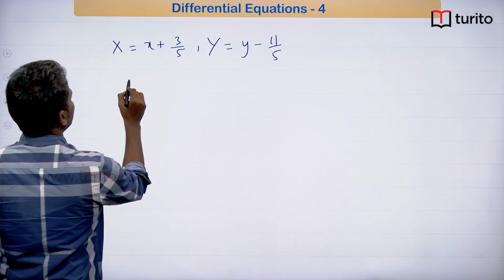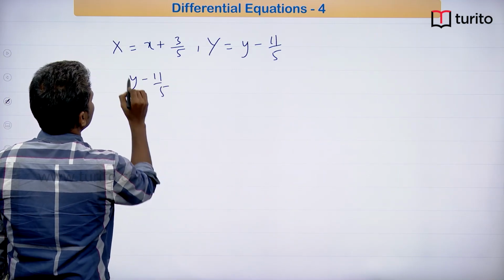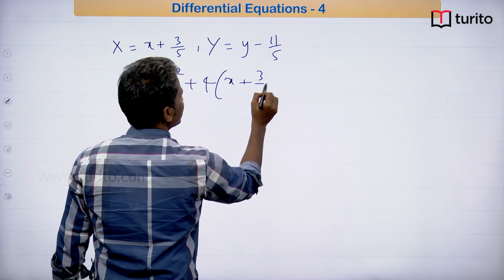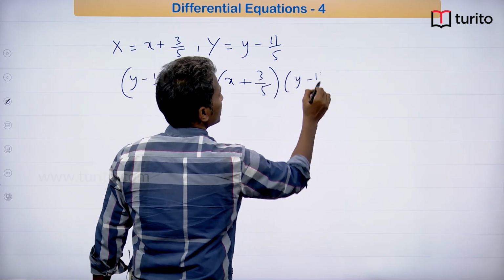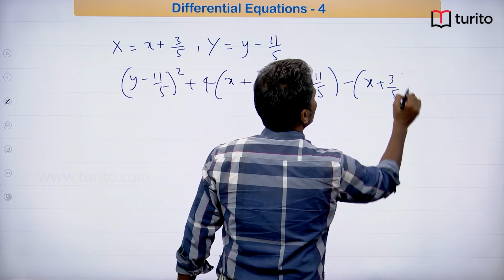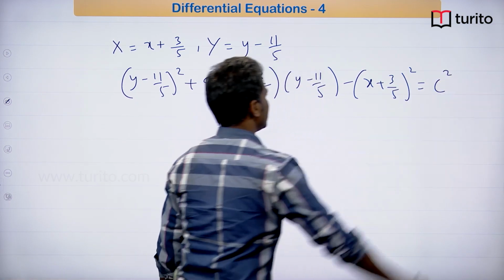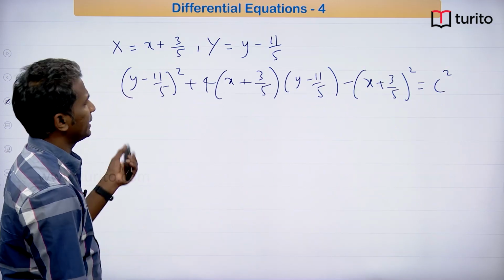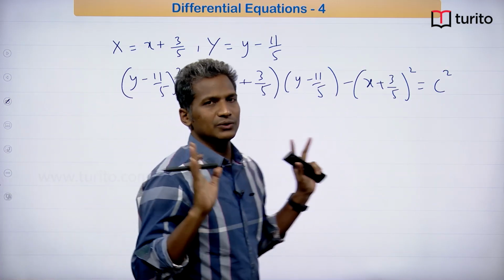So then what do we get? Y minus 11 by 5 whole square plus 4 into x plus 3 by 5 into y minus 11 by 5 minus x plus 3 by 5 whole square is equal to constant, okay, right? That is what the expression was, correct. So this is our solution.